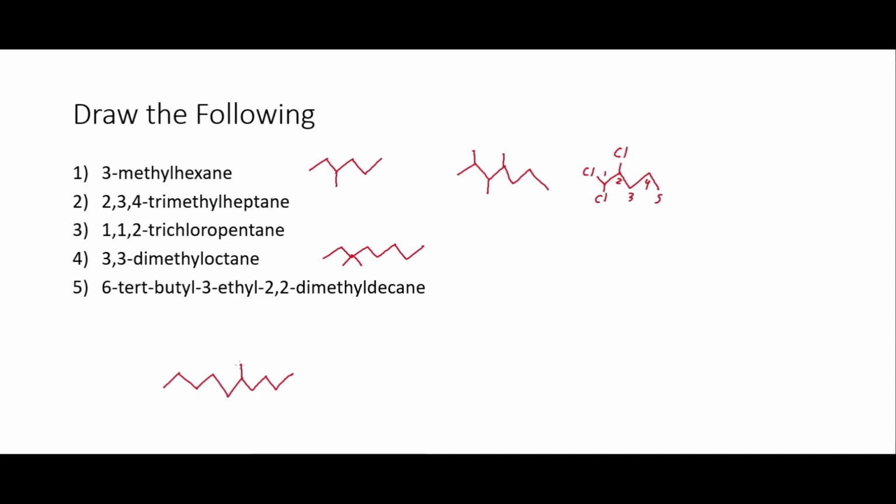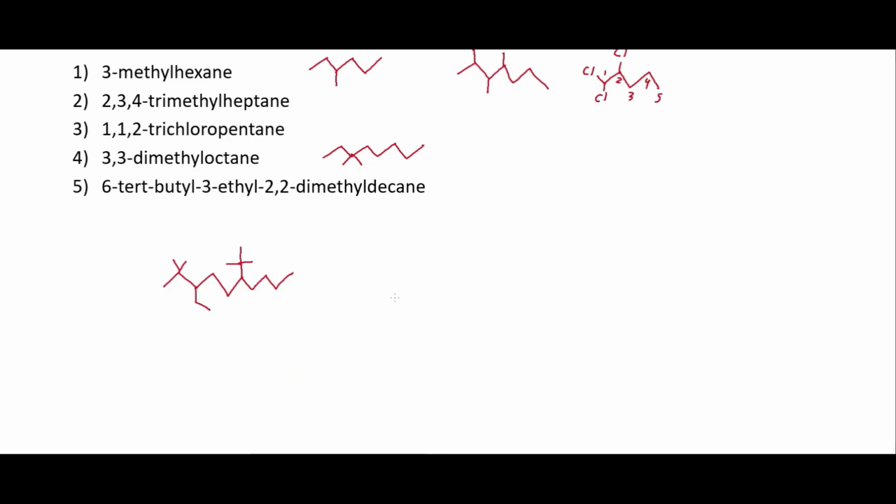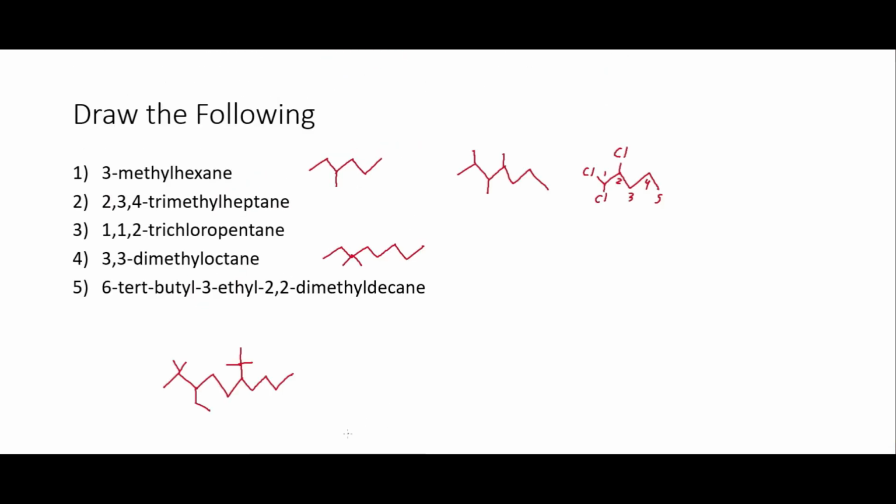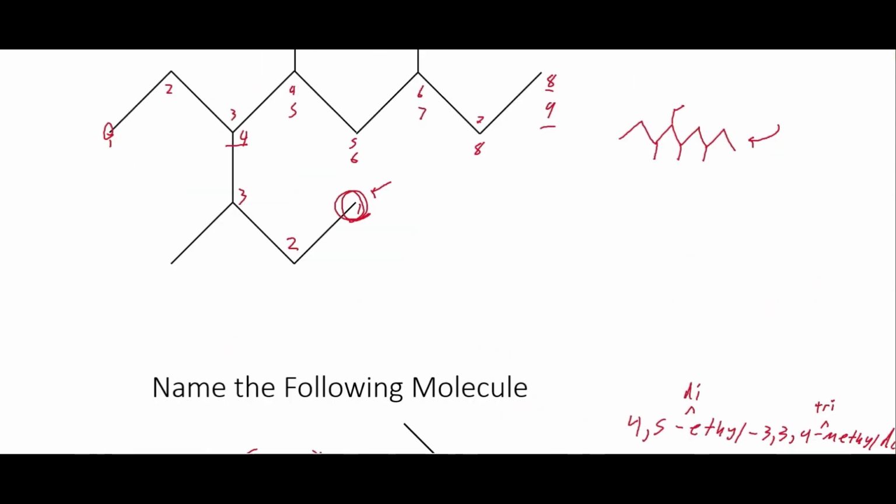So that is going to look like this. So remember, that is our tertiary butyl. Then we have 3-ethyl, so we go to the third carbon there. Then 2,2-dimethyl, so that is going to look like that. So that is our 6-tert-butyl-3-ethyl-2,2-dimethyldecane. And so those are how we will draw those structures there.